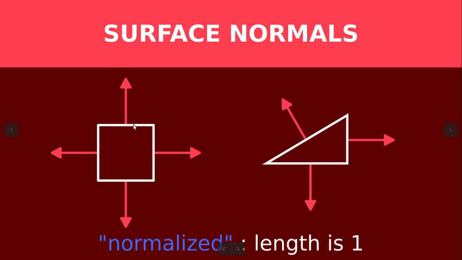Now, this is important because for every surface there are two possible normals, since a surface has two faces. So the normal also communicates which face you're talking about. Additionally, when something is normalized, it has a length of 1.